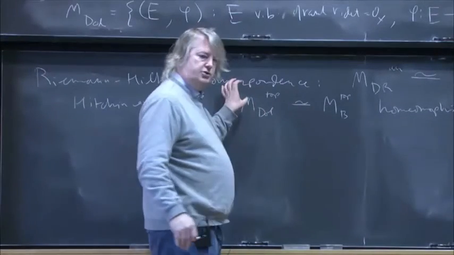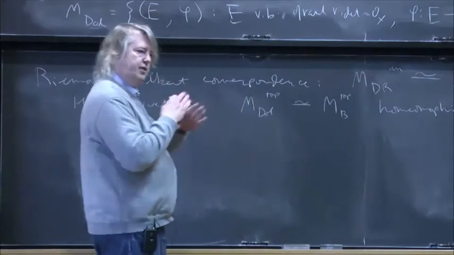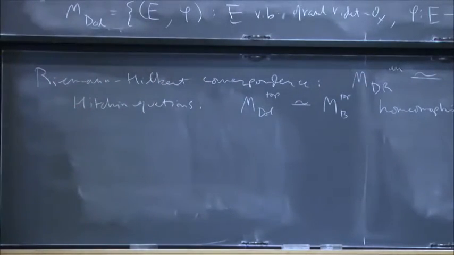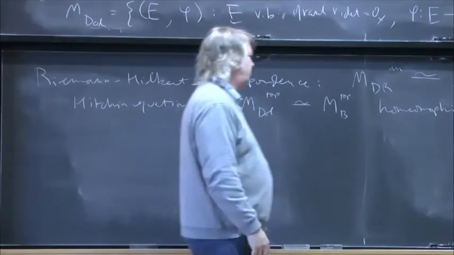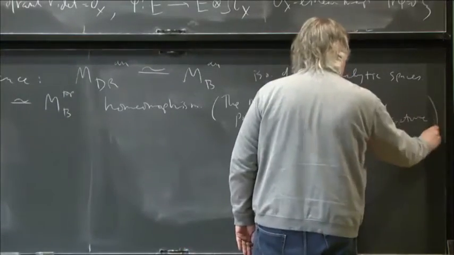So we get a new complex structure, and that new complex structure together with the old one give two of the three elements of a quaternionic structure, which it turns out to be hyperkähler. So, sorry.